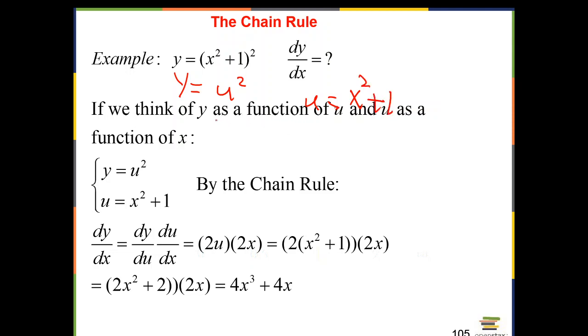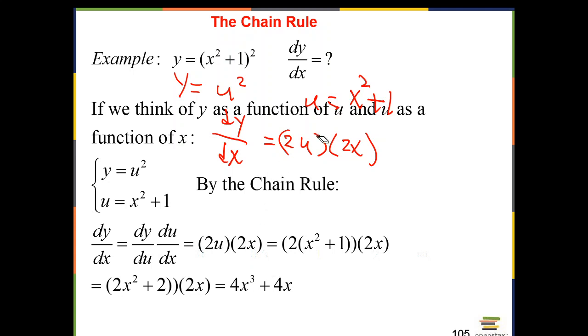So if you want to find the derivative dy dx, you have to do dy du, which is 2u, and then times du dx, which is 2x, right? And now what is u? U is x squared plus 1. If you substitute u for it, simplify, you get that.